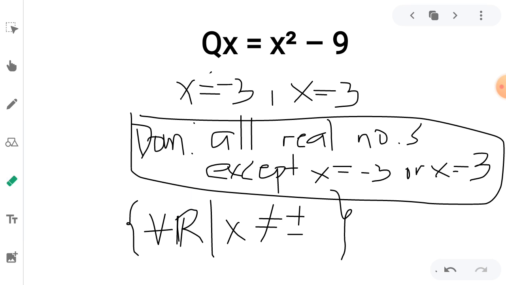Sorry, this is negative 3 and 3. To write our domain, we translate this in our rule method, wherein this symbol is for all real numbers such that x is not equal to positive and negative 3. So this is now our domain.